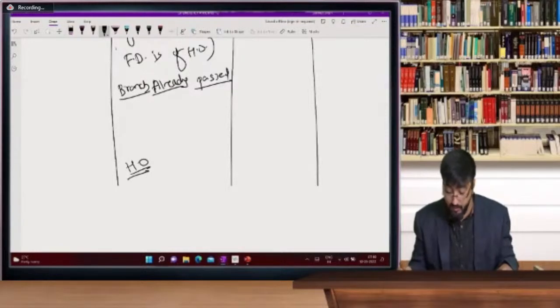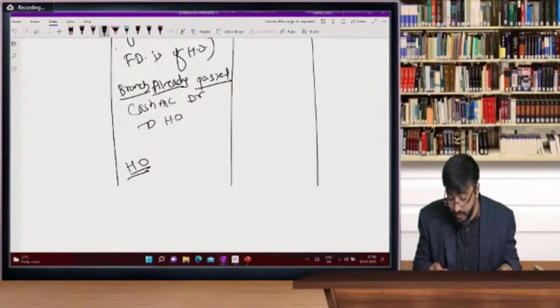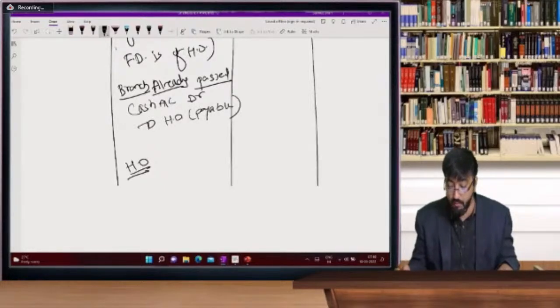Yes, Isha, correct entry. Branch already passed entry, cash account debit, but this amount is not belonging to branch. So branch will pass entry cash account debit to HO, and at the same time HO will pass entry branch.